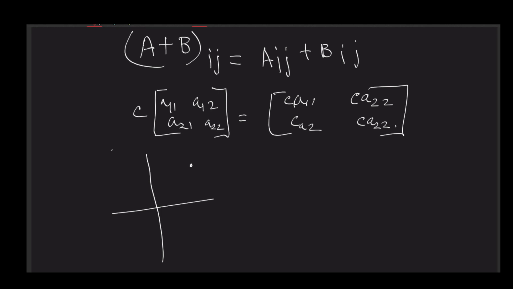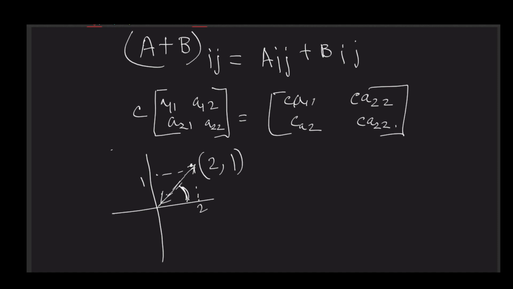If you have a tuple here, say 2 comma 1, then obviously it means it is 2 in this direction and 1 in this direction. If you can define the norm, or the distance, then that distance will give you the magnitude and this angle will give you the orientation.